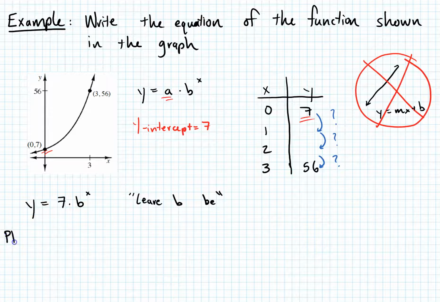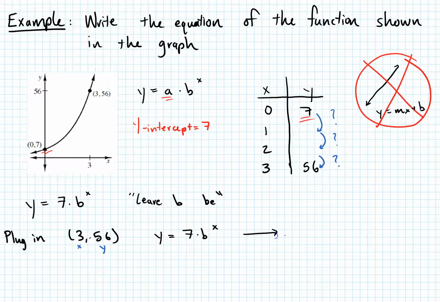And now what we're going to do is plug in 3, 56. X is 3 and y is 56. So if we have our equation y equals 7 times b to the power x, it becomes 56 equals 7 times b, leave it alone, raised to the power 3.